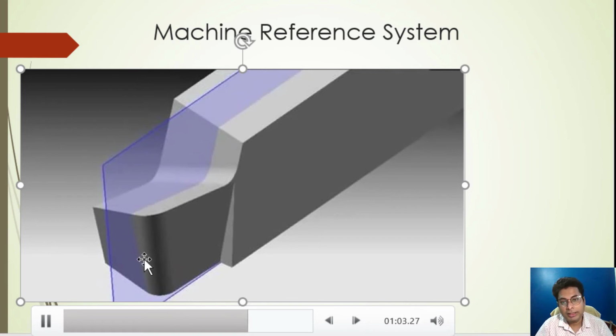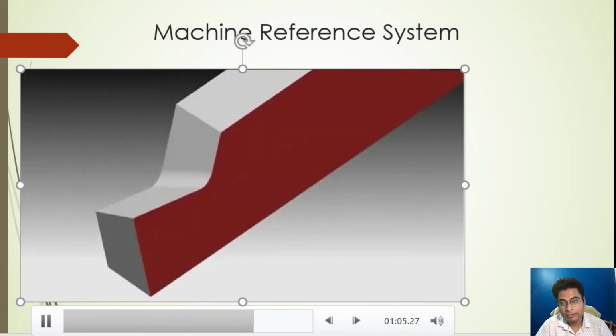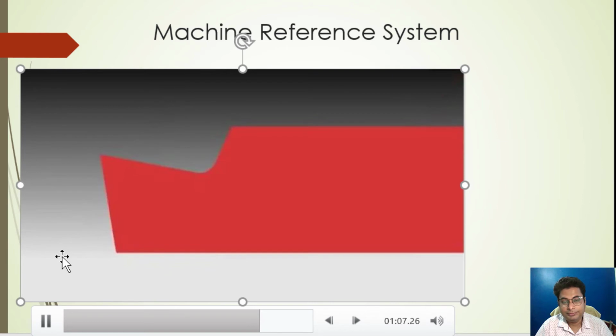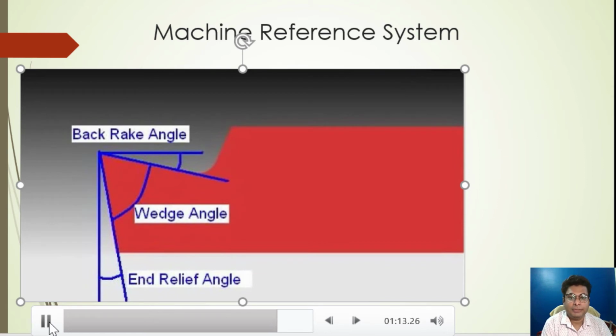Now this is your pi y plane along cross feed direction. Now on pi y plane, the measurement of this rake angle with pi r is your back rake angle, and the measurement of this is your pi x plane in this direction.